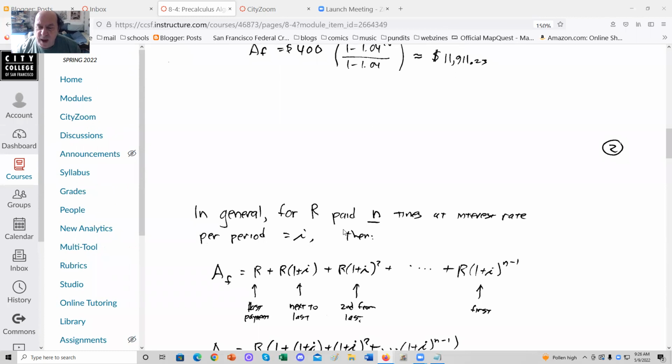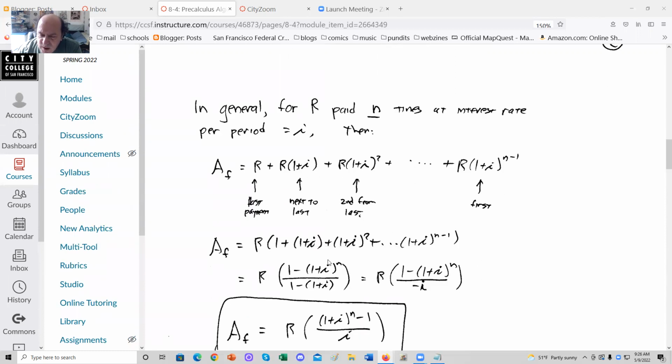If you pay R n times at an interest rate per period I, then the final amount will be R plus R times (1 plus I) for the next to last payment, R times (1 plus I) squared for the second from last, all the way up to R times (1 plus I) to the n minus 1 for the first. You pull out a factor of R times (1 plus (1 plus I) plus (1 plus I) squared, all the way up to (1 plus I) to the n minus 1).